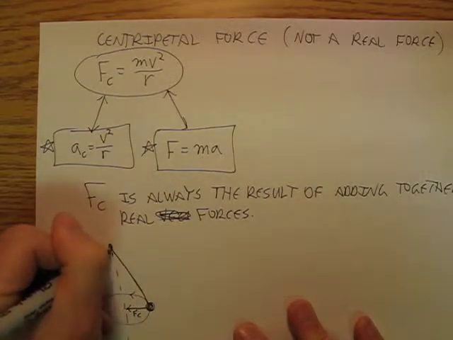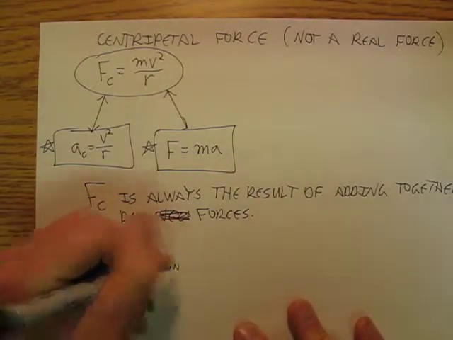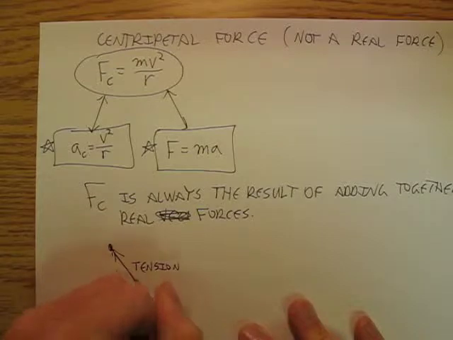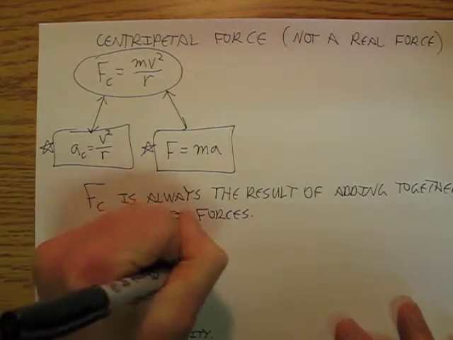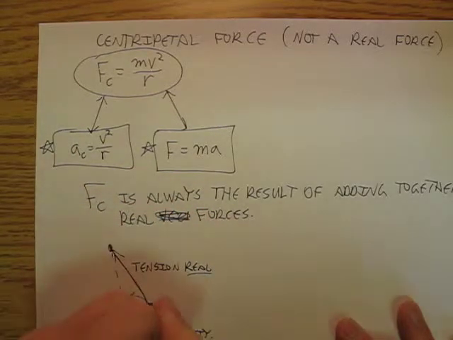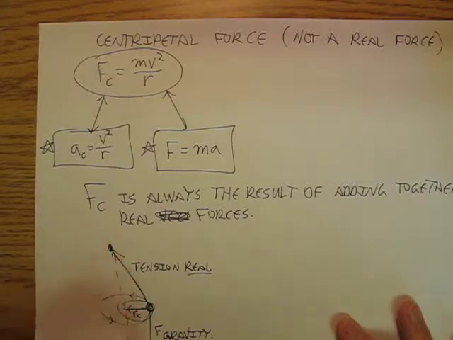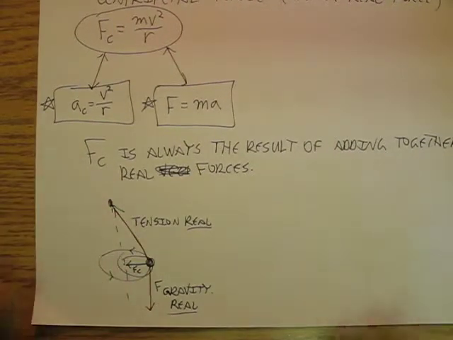What's real is there's tension in the string, and there is the force due to gravity. These are real, and this one right in here is just these two forces added together.